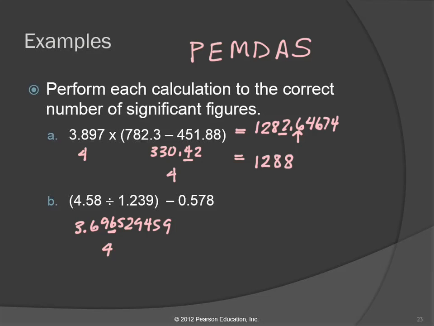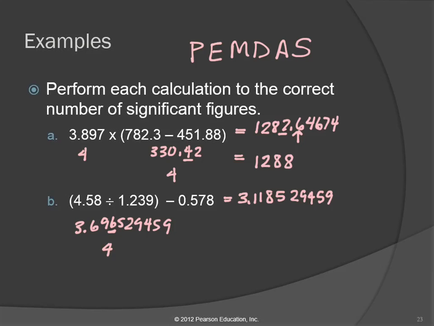Now subtract. Subtract 0.578 and write down the whole answer, 3.118529459. Now we're going to compare this number and that number, because those were the numbers that got subtracted, right?